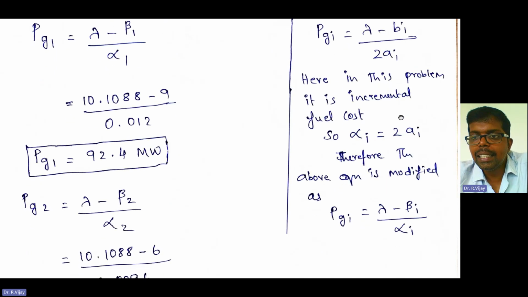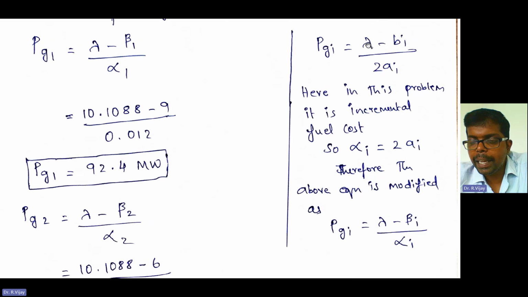But here in this problem, the incremental fuel cost is given. That is, the differentiated value is given. So alpha is equal to 2a. So the above formula can be rewritten as PGi is equal to lambda minus beta i divided by alpha i. So alpha i is nothing but 2ai, because the differentiated value is given in the problem.